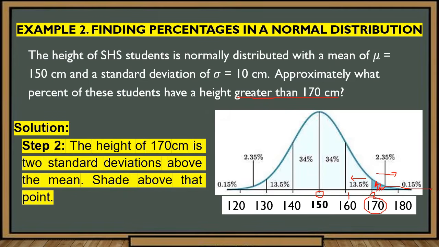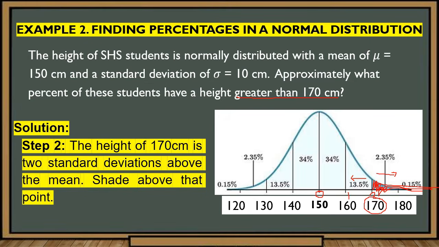So, dito natin makikita yung mga values such as 171, 172, 173, 174, 175, 180, and so on, since these are greater than 170. Dito hindi natin pwedeng i-shade kasi the values to the left of 170 are lower than 170. So, dito lang tayo interested.